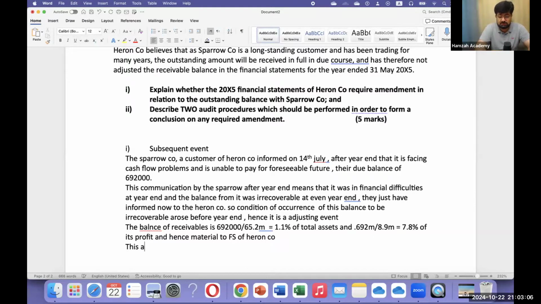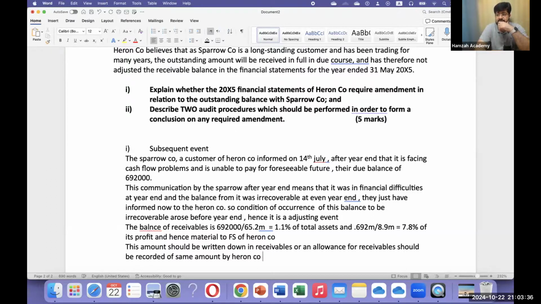This amount should be written down in receivables, or an allowance for receivables of the same amount should be recorded by Heron Company.